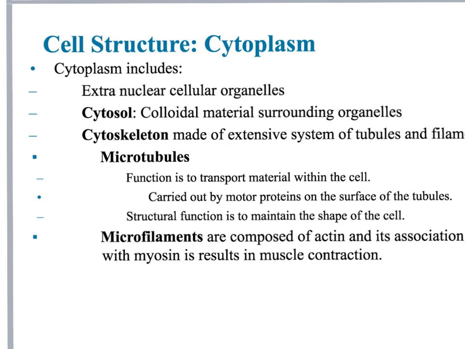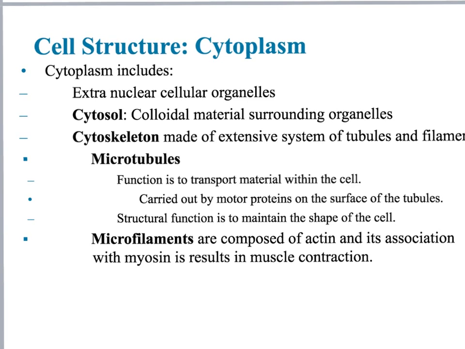And then microfilaments are also a part of the cytoskeleton, and they're composed of actin, and its association with myosin results in muscle contraction. So that's more on a macroscopic level. You think of your muscle, your biceps. Your biceps are made of muscle cells.